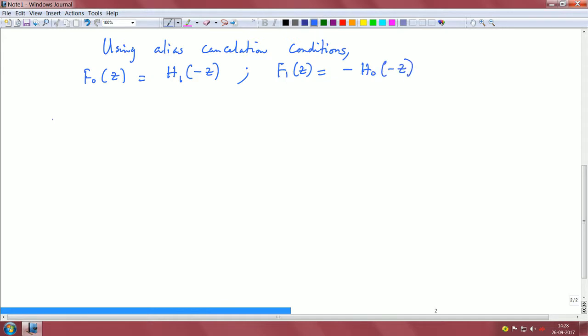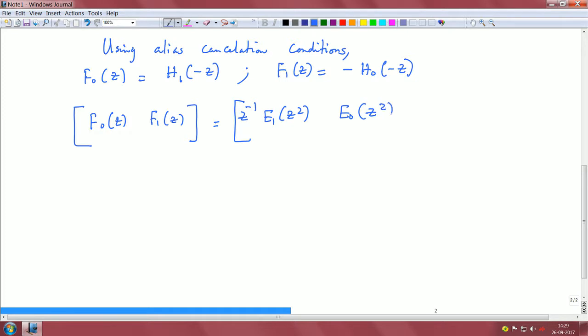So, using this representation for the synthesis filters, we can express them as follows: f naught of z, f1 of z stacked in this row format is basically a delay with E1 of z square, E naught of z square with 1, 1, 1, minus 1.